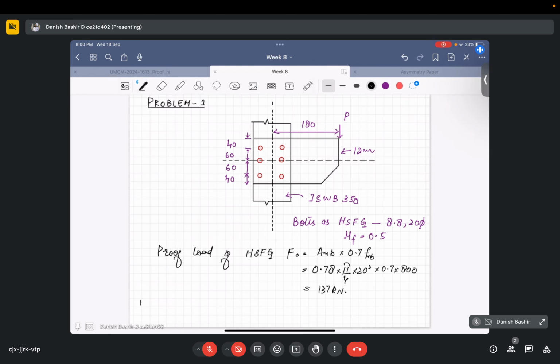Now the first thing we have to calculate is the slip resistance. Slip resistance VDSF of the high strength friction grip bolt is given as mu f times Ne times Kh times F naught divided by gamma mf.